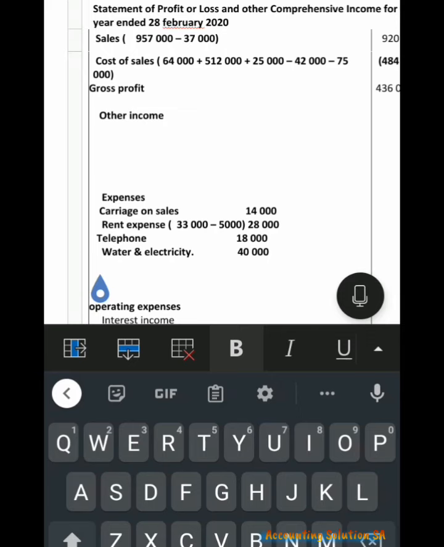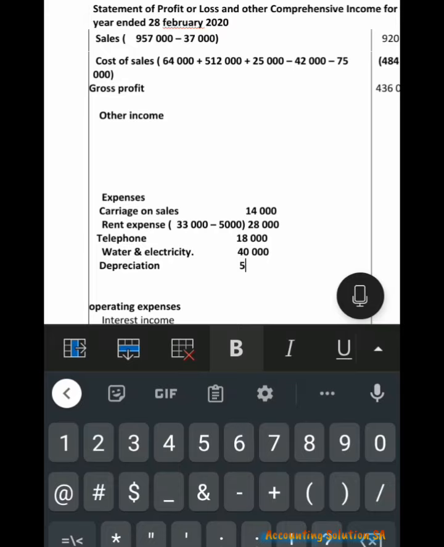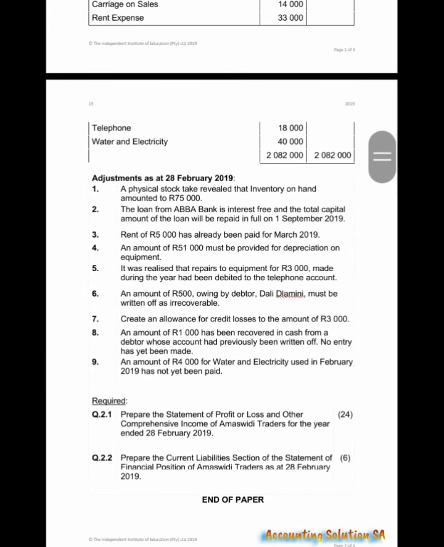Okay, depreciation. Okay, then the amount is 51,000. Simple as that. Okay, now let's move on to the next one.